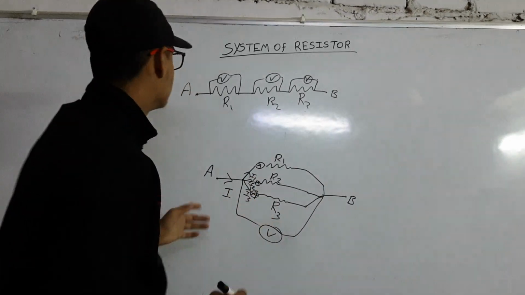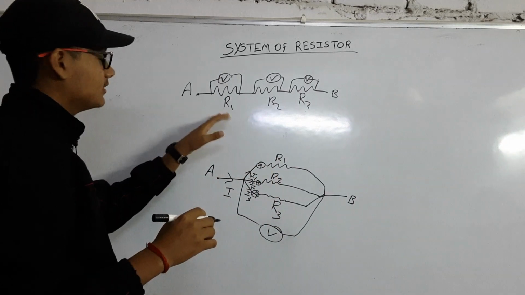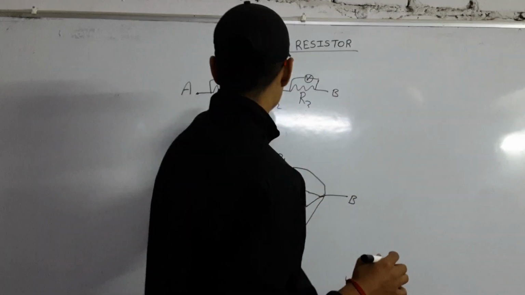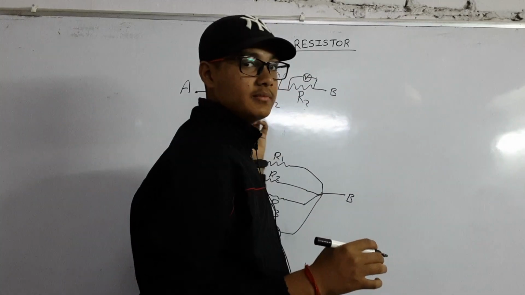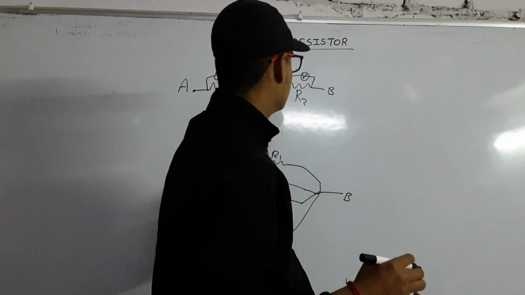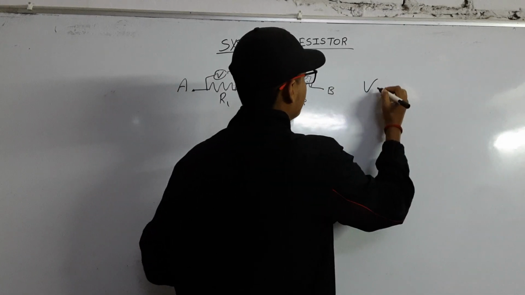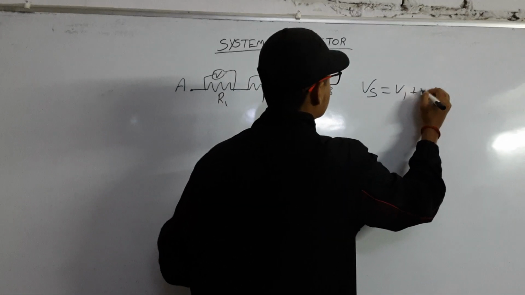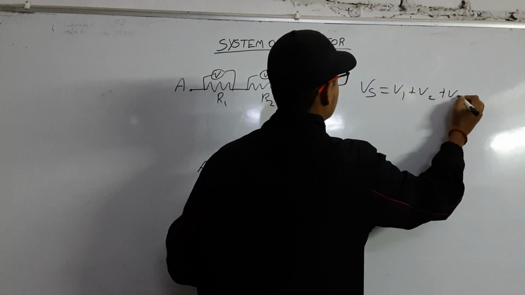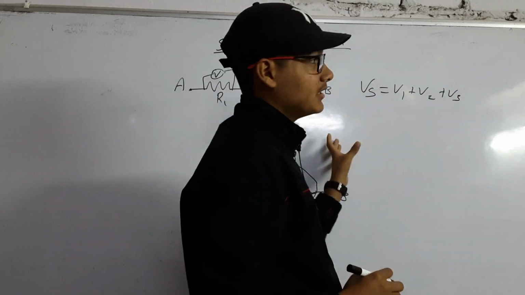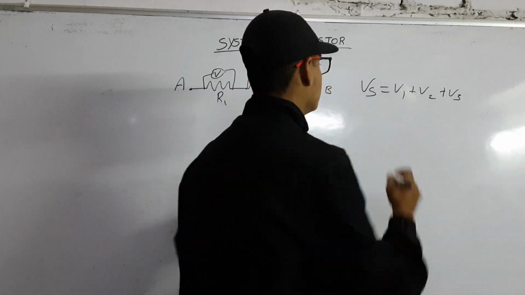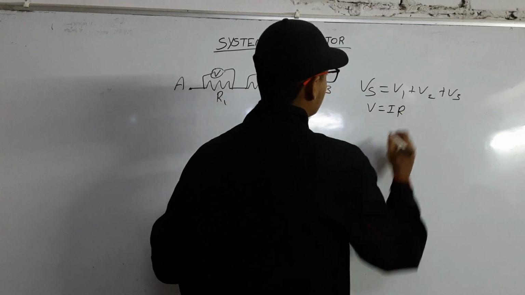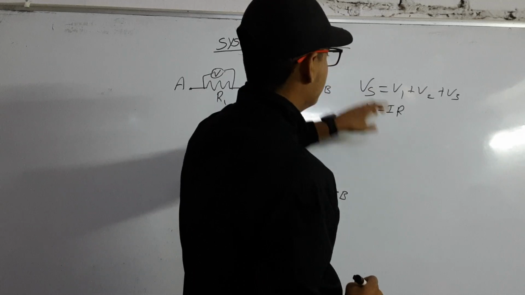Now we will see some derivation of them. First we will see the derivation of series. So we know that in series I remains the same but the volt changes. So we can say that Vs, S stands for series, is equal to V1 plus V2 plus V3. Now since it is derivation, by Ohm's law we can say that V is equal to IR. So we will replace V with IR.